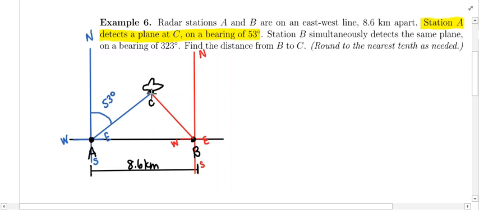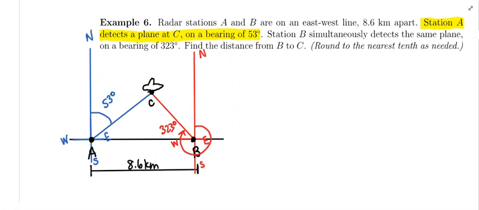Again, I'm just eyeballing this. It should detect the plane right here. So this angle from due north all the way around should be 323 degrees. This is how you need to draw the setup.